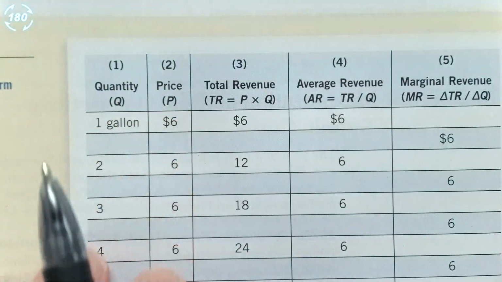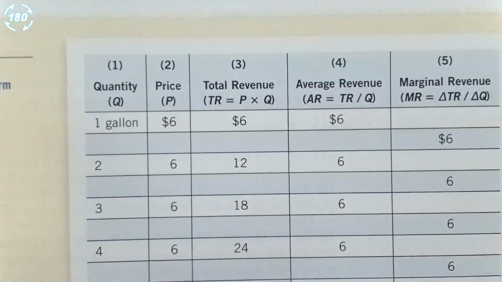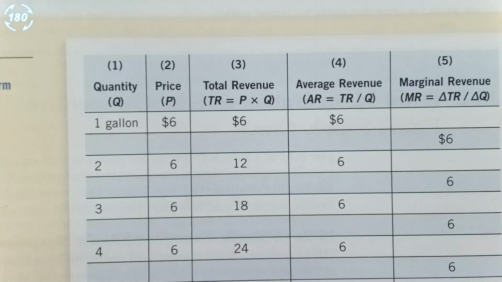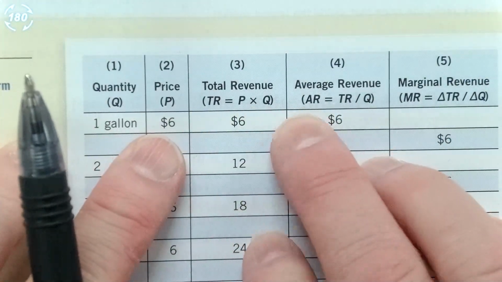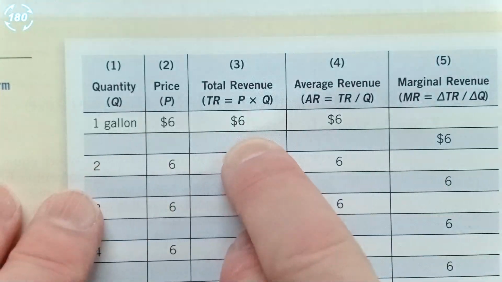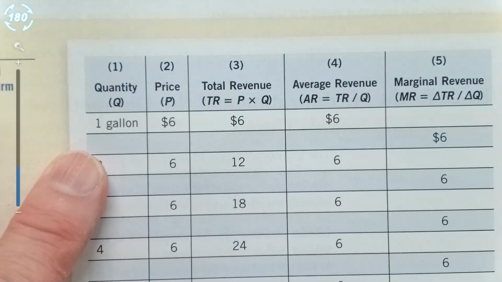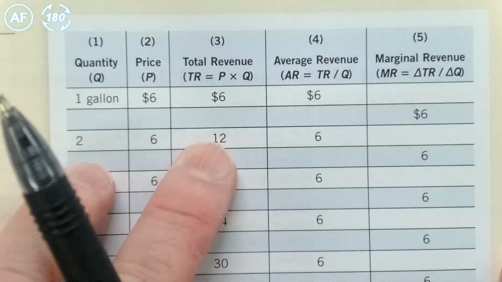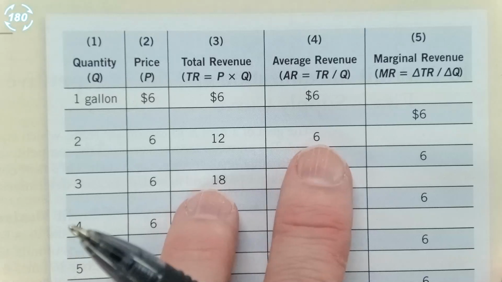So when you see this happen for any level of output for a producer, you're in perfect competition. This is a price taker. The total revenue is price times quantity, it's PQ. Average revenue would be total revenue divided by quantity. So they give you the little formula there, if you will. So like for 2 gallons, total revenue is 2 times 6 is 12, and then you divide by the quantity.